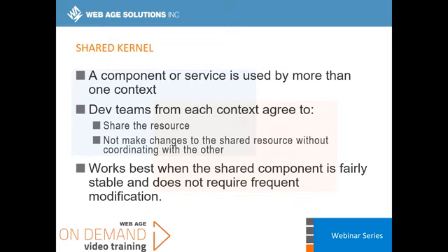The shared resource then is only changed in coordination with the dev teams using it. Okay, if the resource is fairly volatile, this doesn't work very well, and so it works best whenever you have something that's shared rather than something that requires frequent modification.